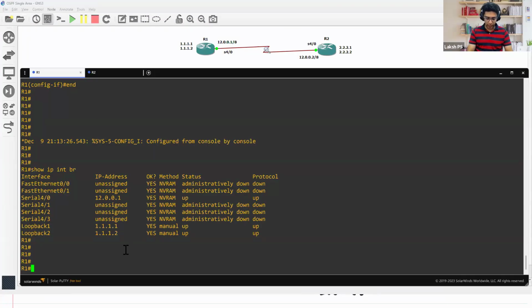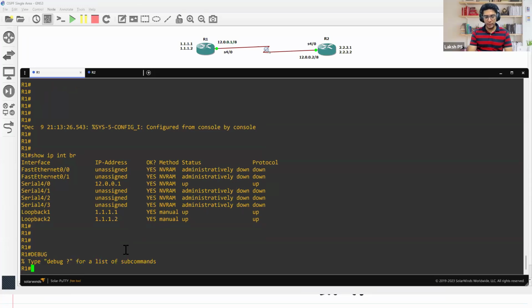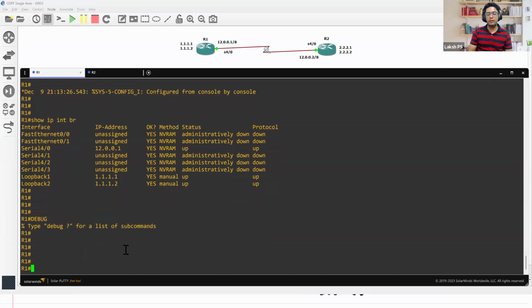Now, what is a debug? I used a new word called debug. Debug means the router notes down whatever is happening on it. It notes down everything in the background, but it does not show us on the CLI.